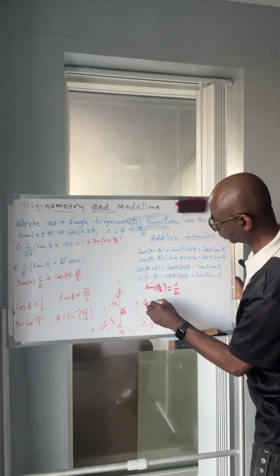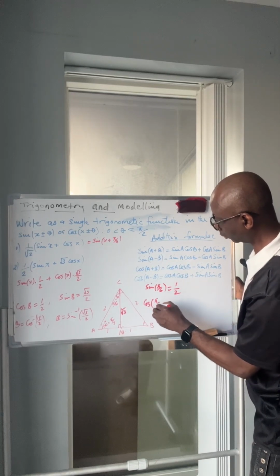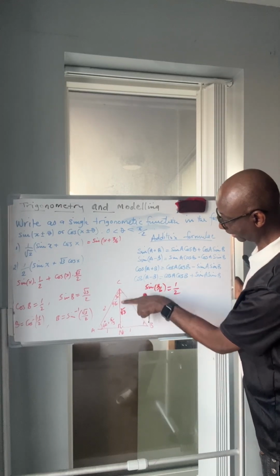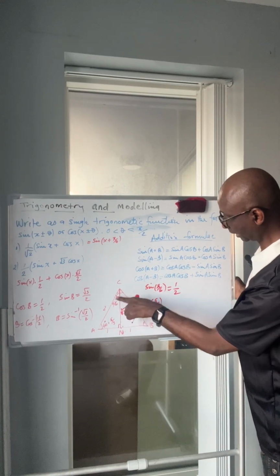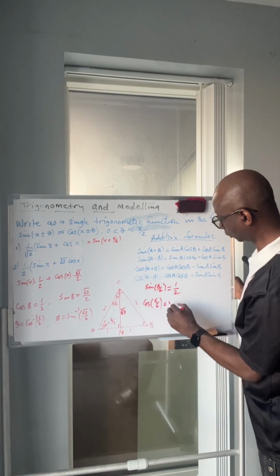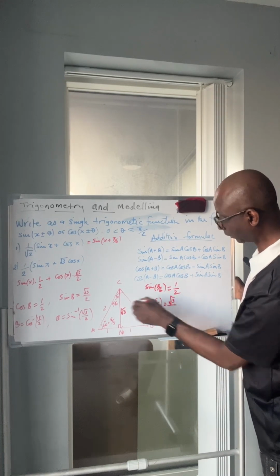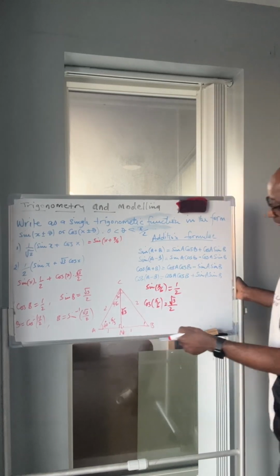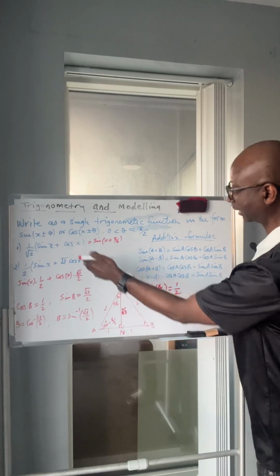So what is cos of pi over 6? Cos is adjacent all over the hypotenuse, and our adjacent is root 3, all over the hypotenuse, which is 2. We don't want to go into tan, because we are dealing with sine and cosine.